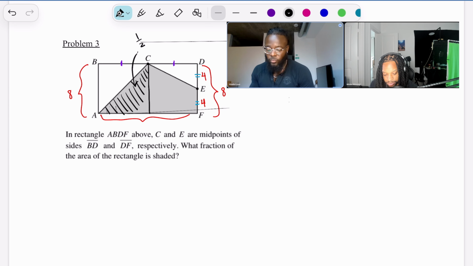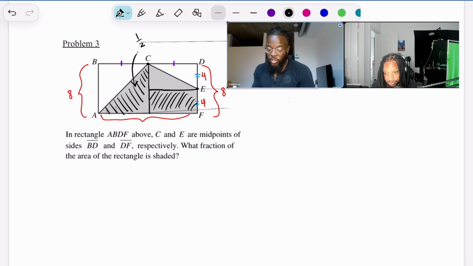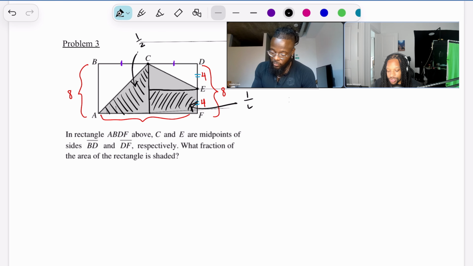And I know that E is the midpoint of DF. So I can break up and make a segment at E. Half of a half, right? So I know that this bottom rectangle here is half of a half, right? Half of the right half. This is also a quarter. And I can see it as like a quadrant too.